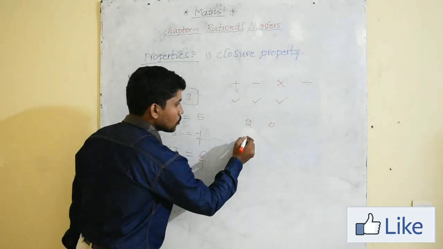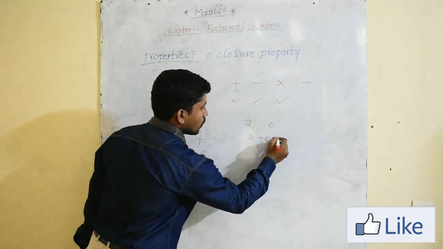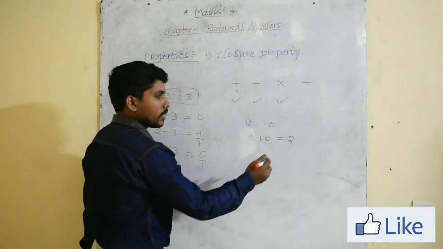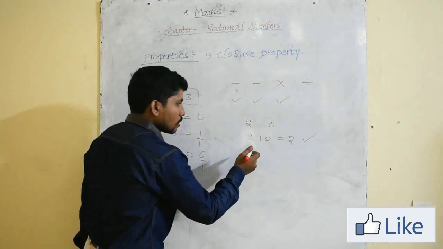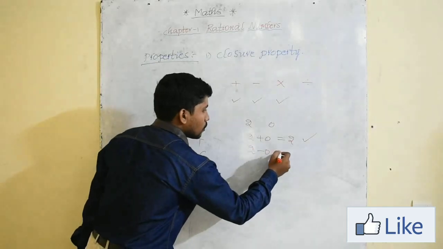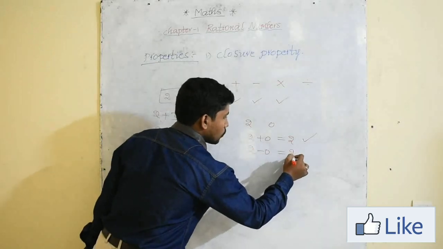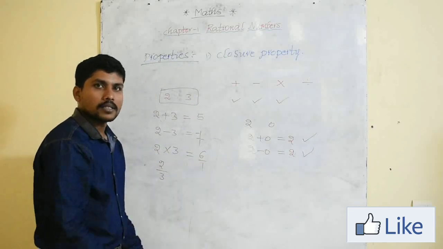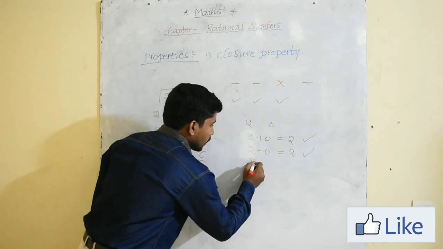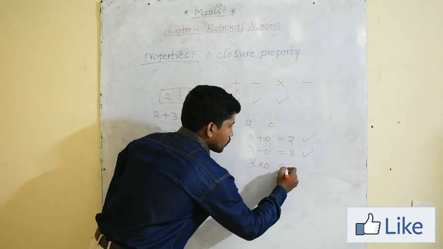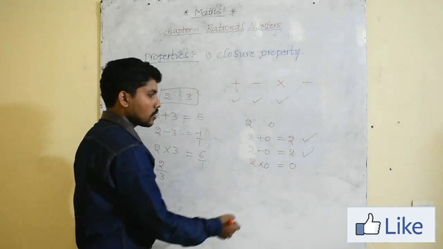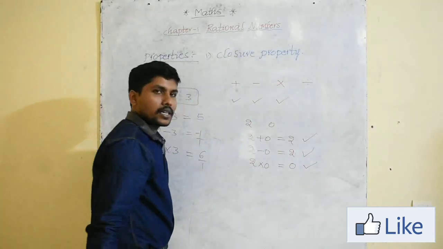If I add these two, 2 plus 0, I get a rational number. For addition, it is satisfied. If I subtract 2 minus 0, I get 2, which also satisfies for subtraction. If I take 2 into 0, I get a result 0, which also satisfies for rational number.